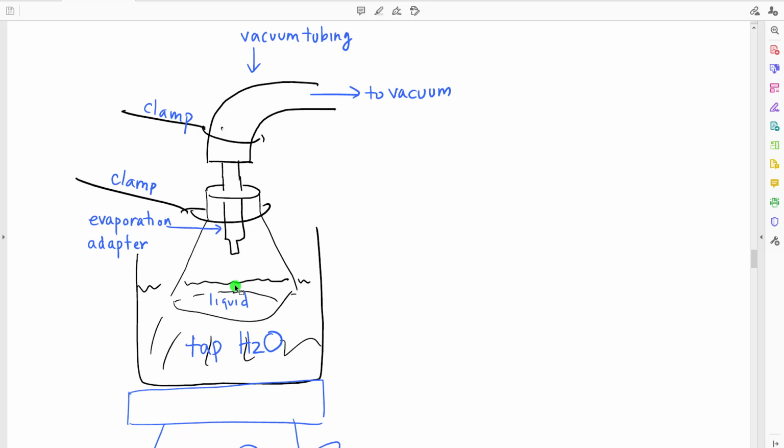We're then going to place that Erlenmeyer flask into a container of basically tap water. We need that tap water because as we evaporate the liquid, we will also be removing heat energy in the form of the heat energy of vaporization.